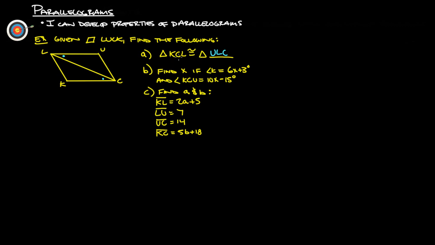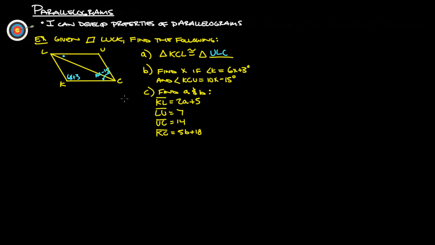Remember, the order of the letters matters, because if you said UCL, then you're saying that KC is the same thing as UC, and we know that those two things are not going to be the same. Okay. Anyway, moving on to B, find x if angle K is 6x plus 3, and angle KCU, this whole angle here, is 10x minus 15.